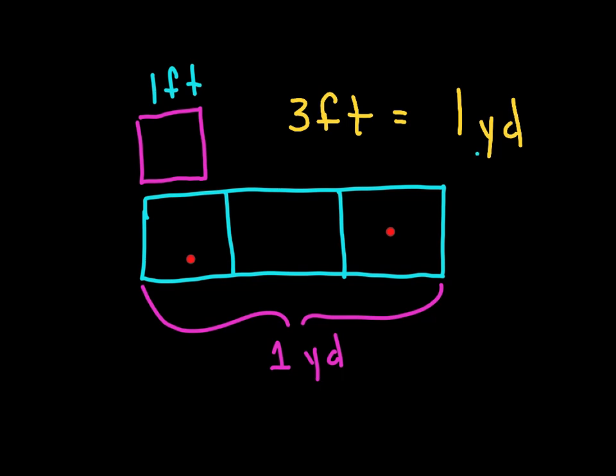Remember, yard is a bigger unit of measure, so therefore it's going to get a smaller number. Feet is a smaller unit of measure compared to yards, and that's why it's getting a larger number next to it.